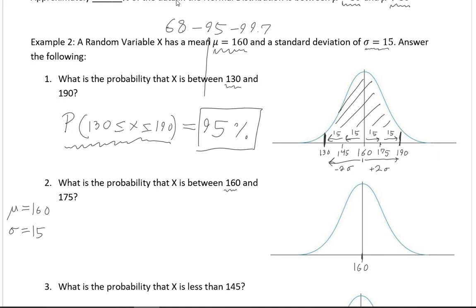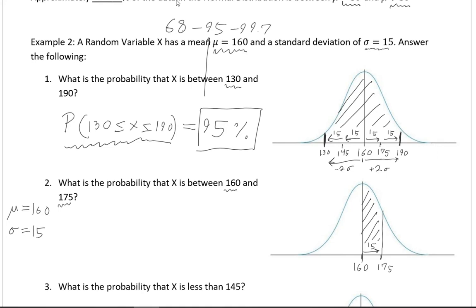I now need to indicate 175. And in the previous example, we noted that 175 was 1 standard deviation above the mean. Therefore, what we're trying to find is the area between 160 and 175. So this shaded region here.